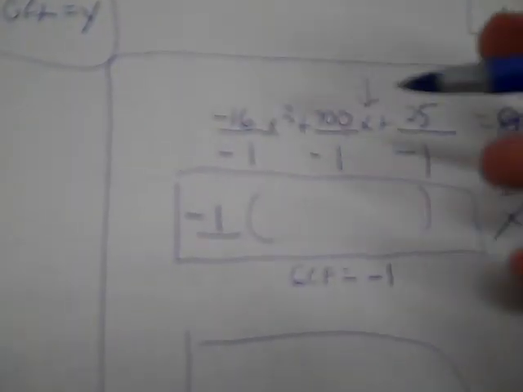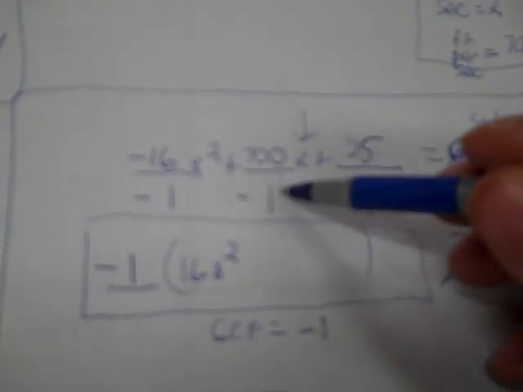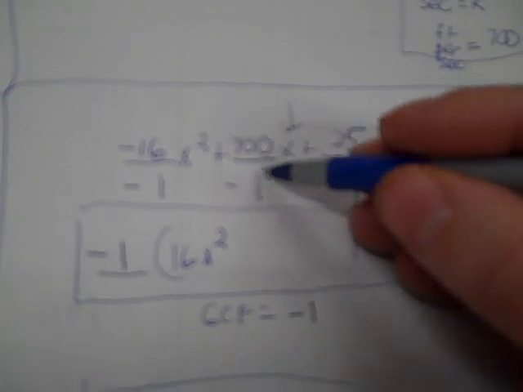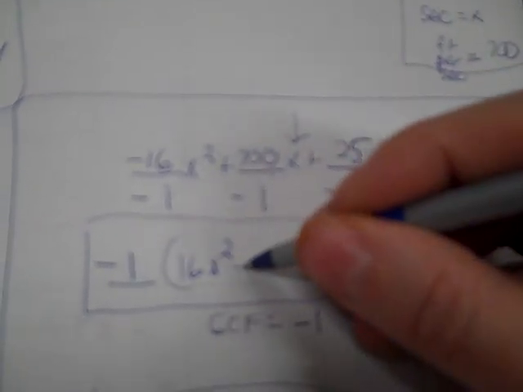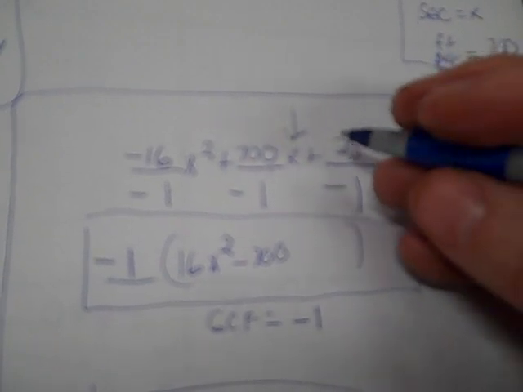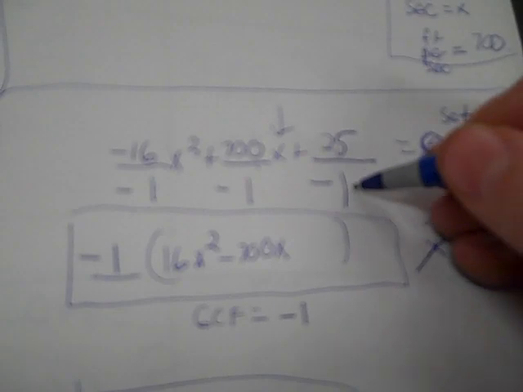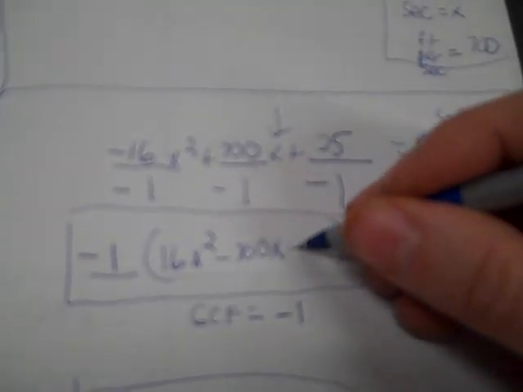So a negative divided by negative is a positive 16x to the second. Now, dividing by 1 will keep us at 700, but when I divide by negative, it switches the plus to a minus, because 700 divided by -1 is -700x. And then positive 25 divided by -1 is -25.